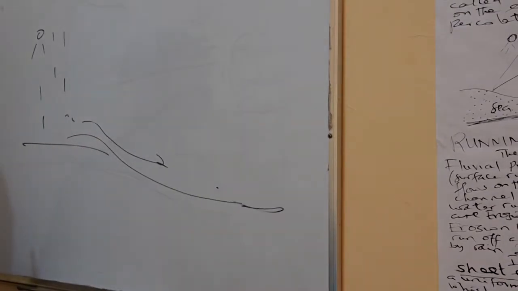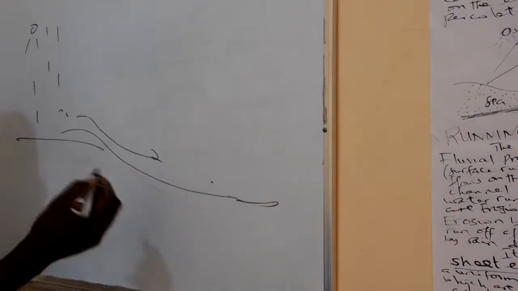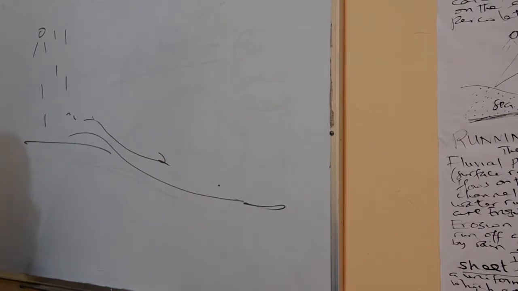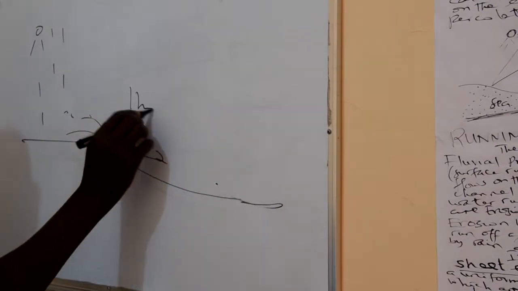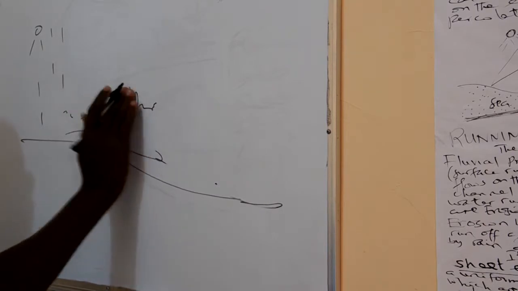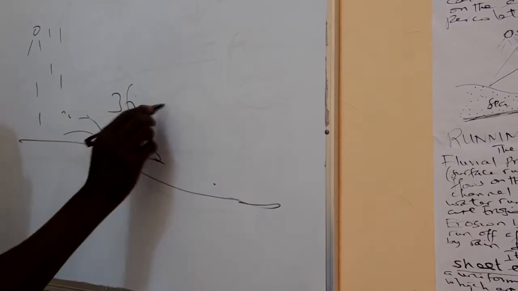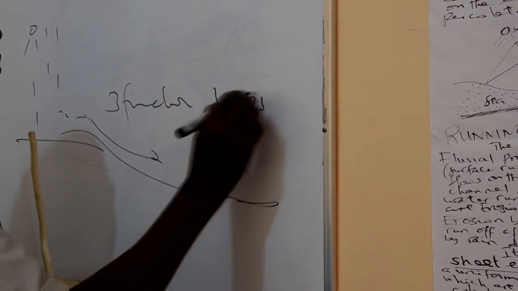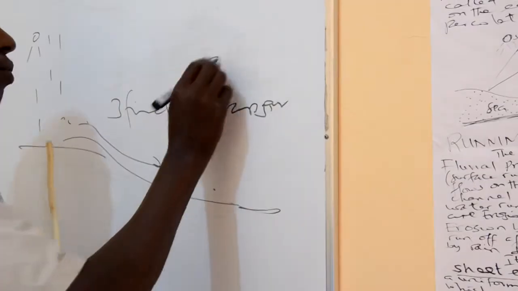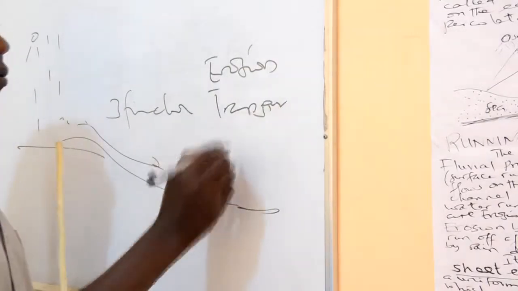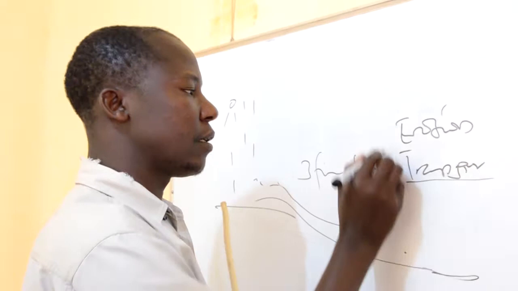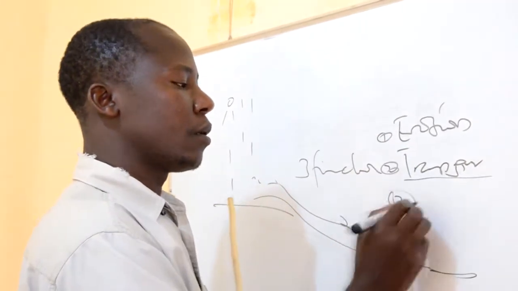This process of running water, or river, from one place to another involves three functions. The first is erosion, and the second is transportation. After eroding this material, the water carries it to another place. But after carrying this material, it involves the third function, which is called deposition.